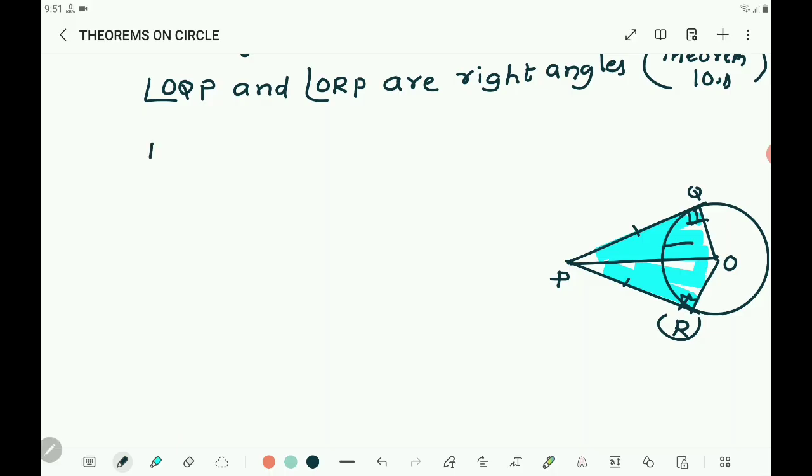Right? In triangle OQP, so write in the right angle triangle only, because they are right angle triangles.